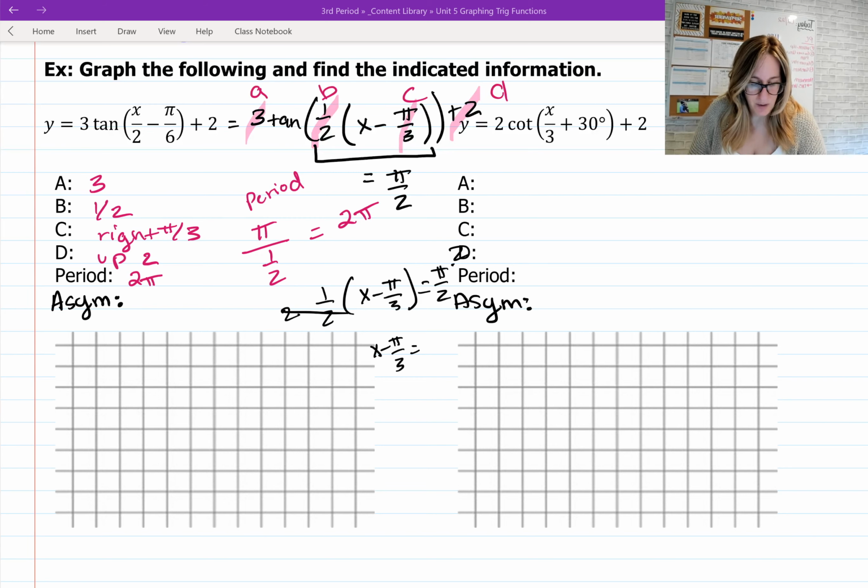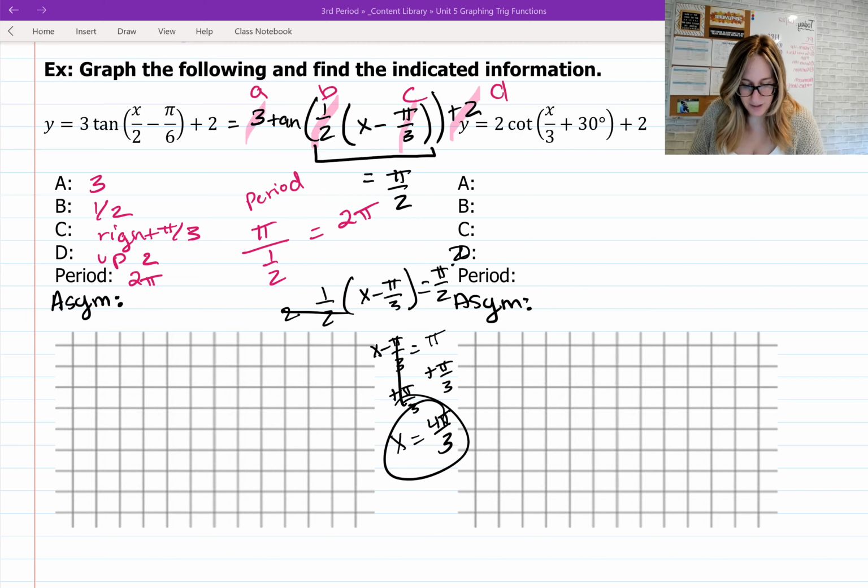And then I'm going to add pi over 3 to both sides. So that gives me x equals pi plus pi over 3. And so that's 1 plus 1/3, math, enter, enter, 4 pi over 3. Yes, that is what it should be. So that is our first asymptote. So the first asymptote is 4 pi over 3.